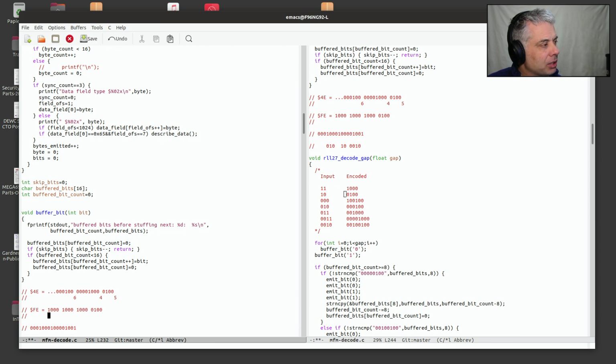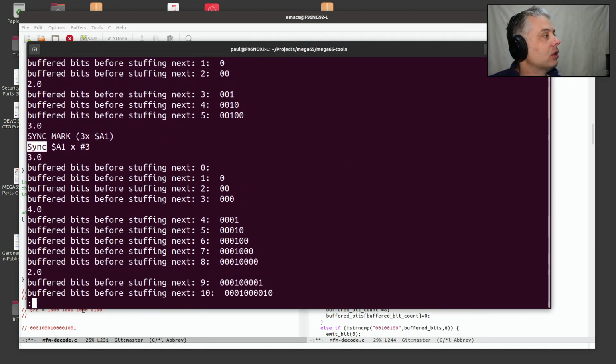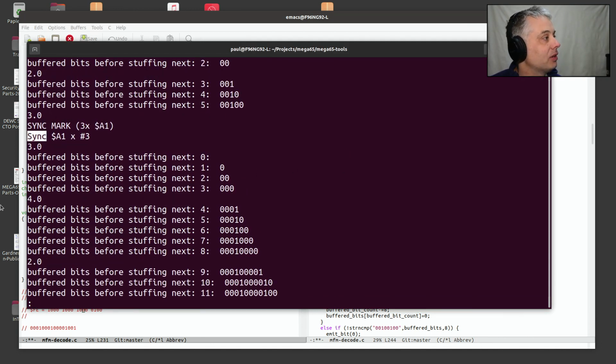Except there shouldn't be. It should start properly lined up because we have the sync in there. So we should see 3, 3, 4, and something. 3, 3, 4.